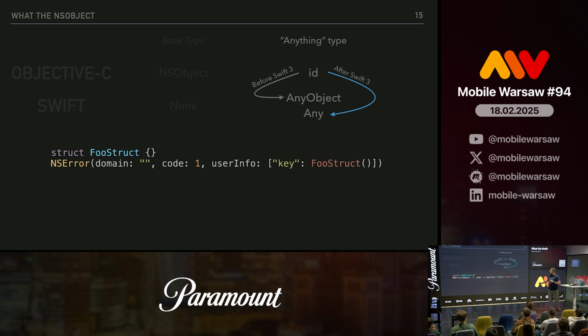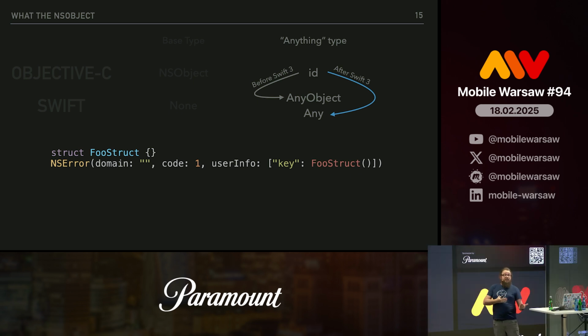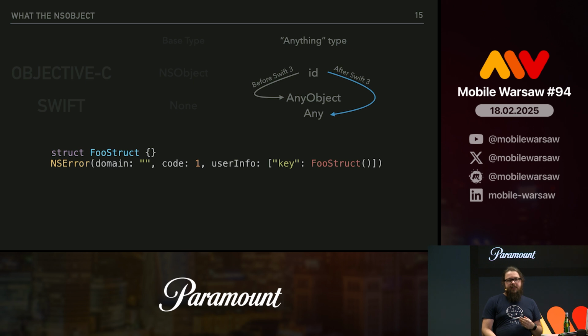Before Swift 3, if you created an NSError and passed in a user info dictionary there, which is obviously an NSDictionary under the hood, and expects id types in its values, you couldn't pass a struct directly there.